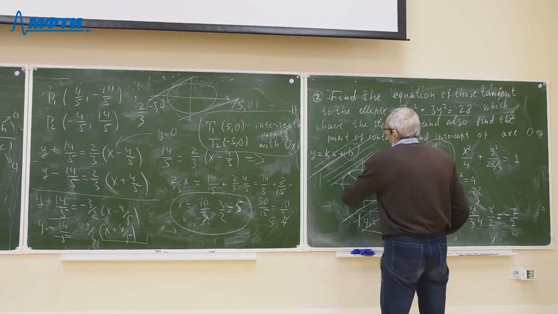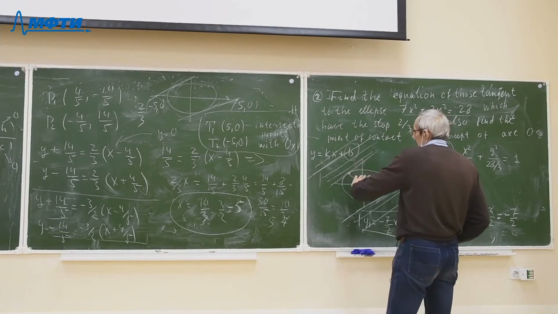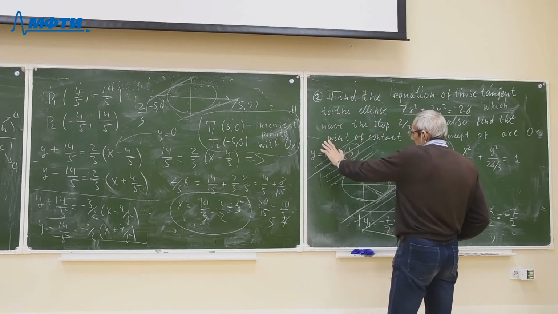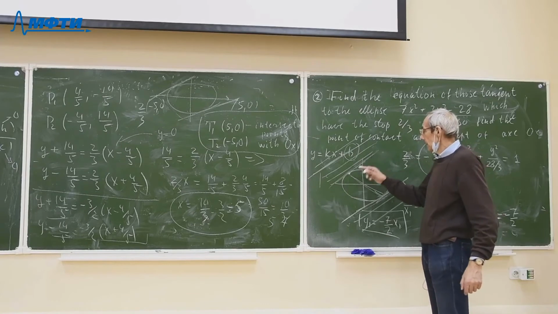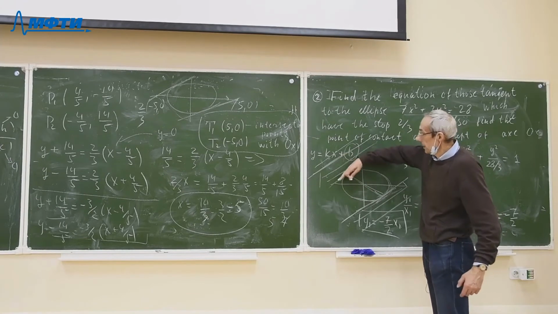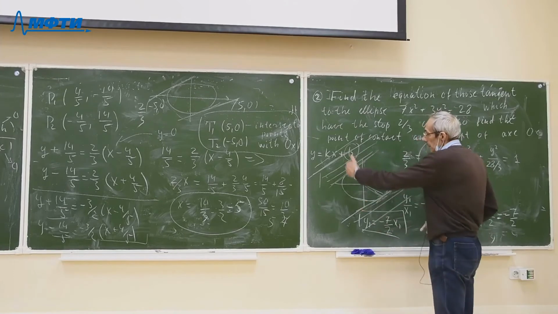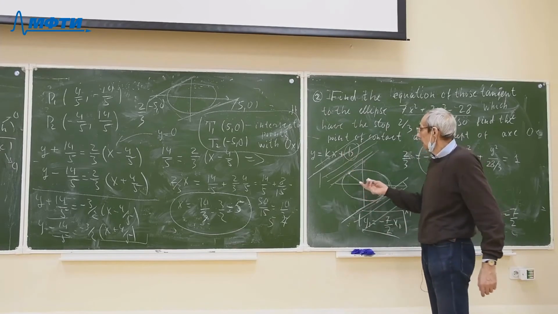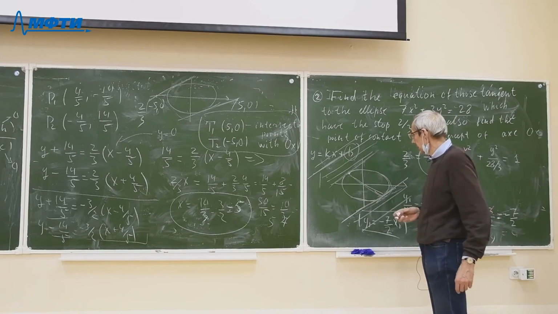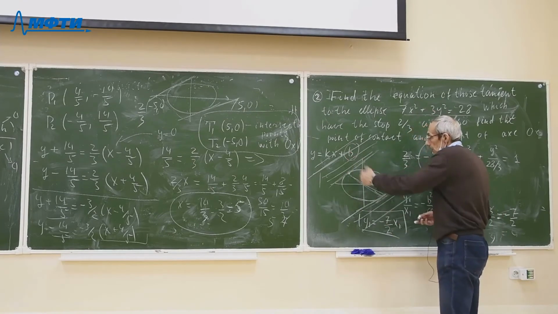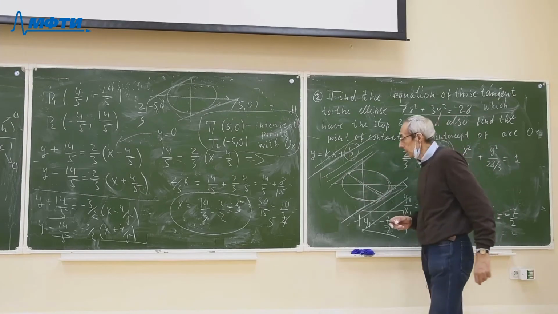We can move this straight line parallel to the other, and moving the straight line, we find the point of contact of the straight line with the ellipse. Only 1 point, the point in which this straight line becomes tangent to our curve. And this picture shows us that we have only two points.